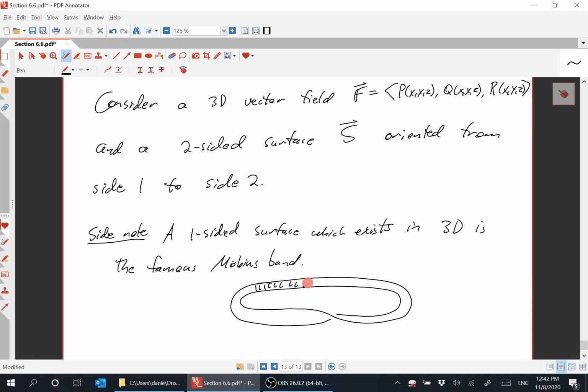So it's this rectangular strip that's got this half turn to it. And that actually only has one side. Normally I would show you a piece of paper twisted into a Mobius band, but in lieu of that, we have to go with this.